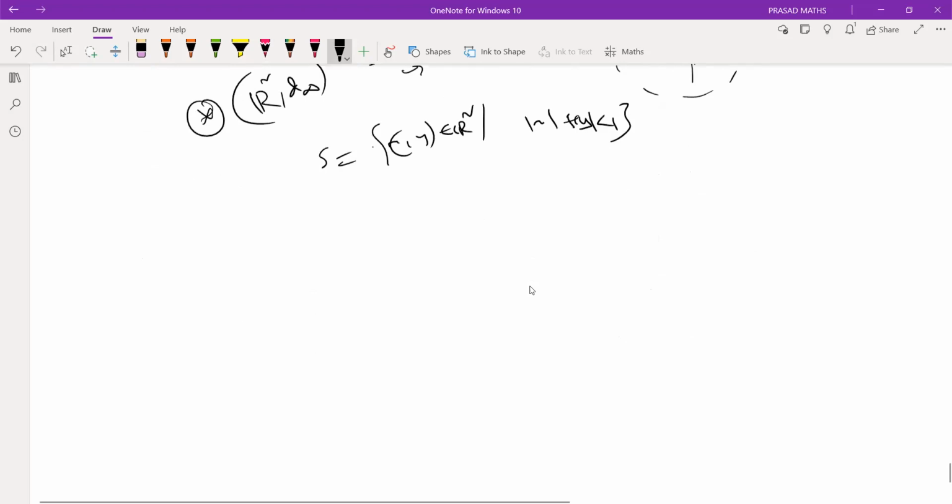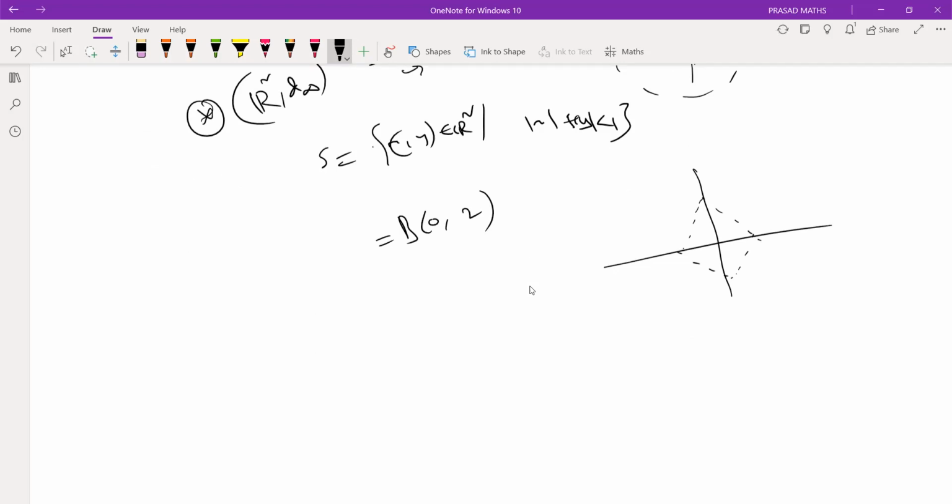The answer is yes, because this is my set actually. The ball I take has radius 2: an open ball, an open sphere, center at (0, 0), diagonal radius 2.